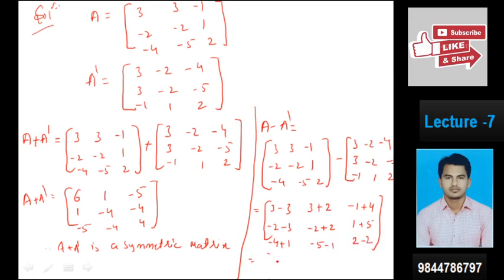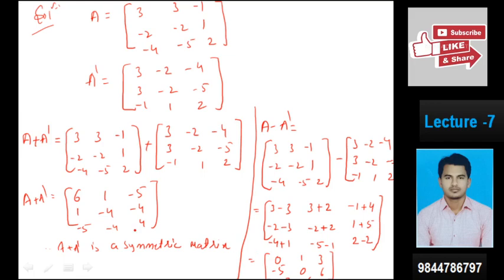It is equal to 0 1 3, minus 5 0 6, and here minus 3, here minus 6, 0.